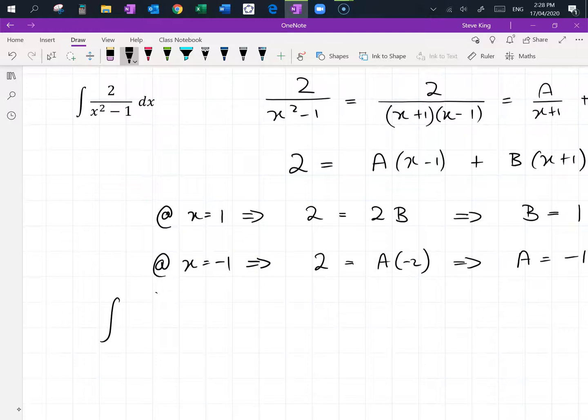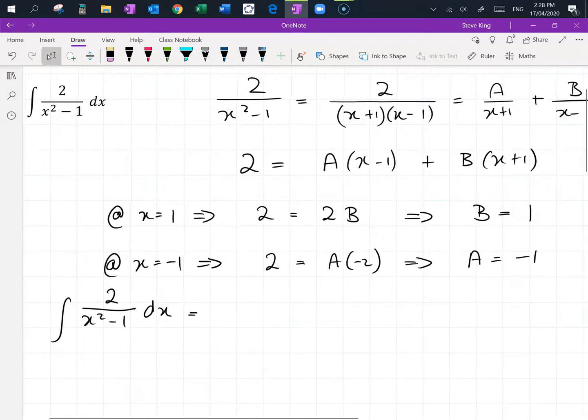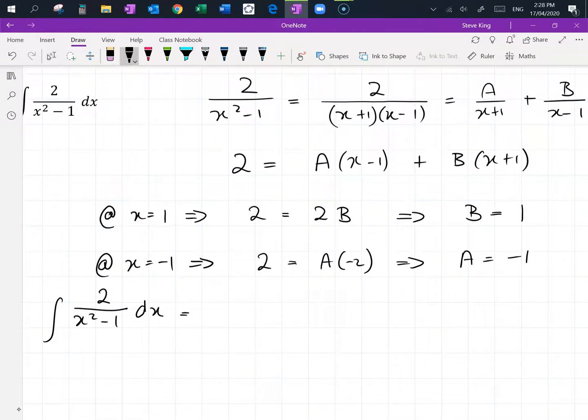So the integral of 2 over x squared minus 1 dx, I can write that as a, which was minus 1, the integral of minus 1 over x plus 1 plus the integral of 1 over x minus 1 dx.